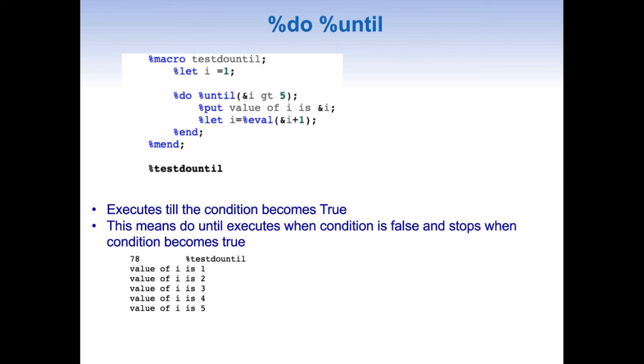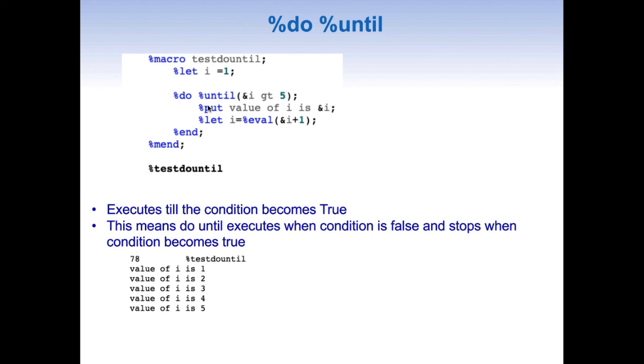So a couple of things here. If we are giving a condition in %do %until which will never become true, it will loop forever. And again, in the case of %do %until, even though we have defined %let i = 1, it does not check on the top.